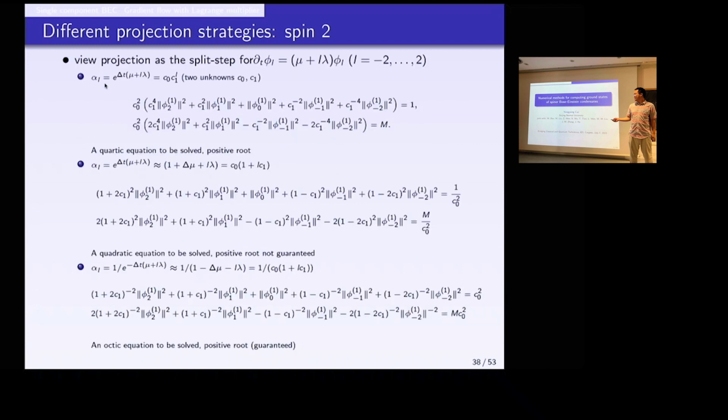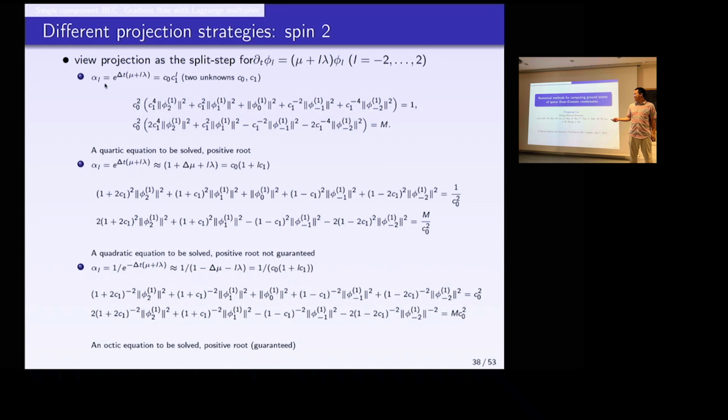Here we take an example of spin 2. For the spin 2 case, we have these 5 components, so we need to determine 5 projection constants by only 2 constraints. The basic idea is to view the projection as the splitting to solve this ODE.